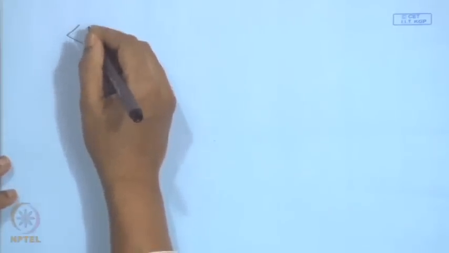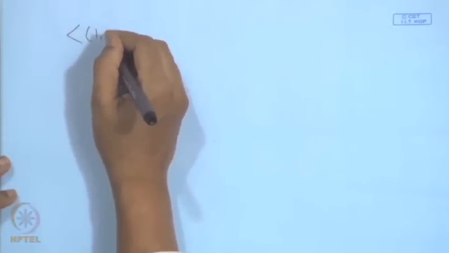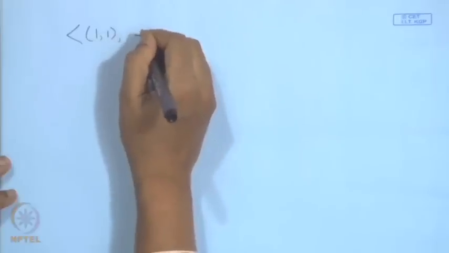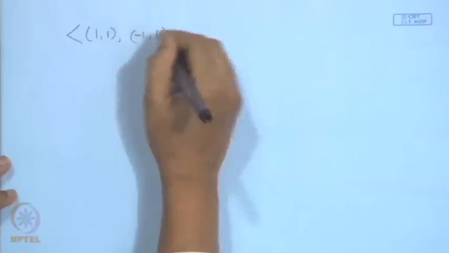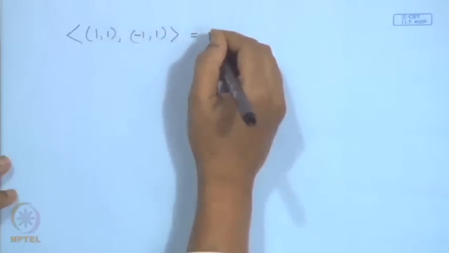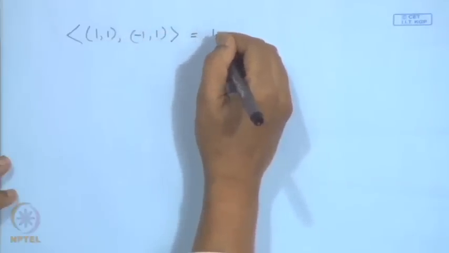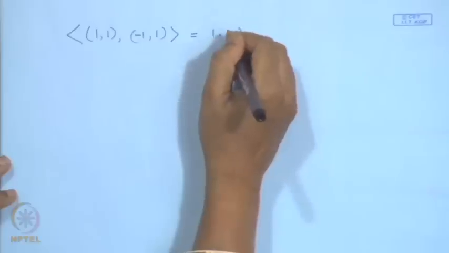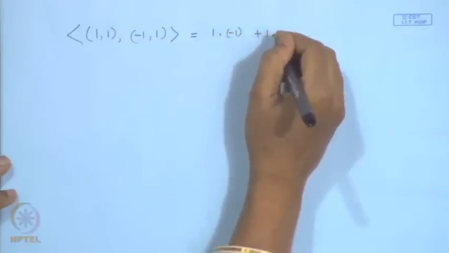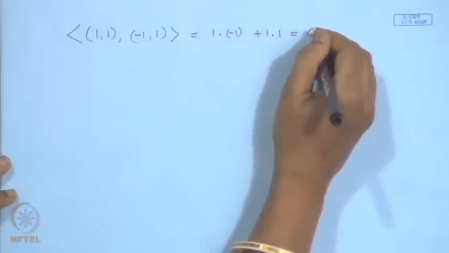Take the inner product of these two vectors (1, 1) and (-1, 1). We get 1 into -1 plus 1 into 1, and that is equal to 0.